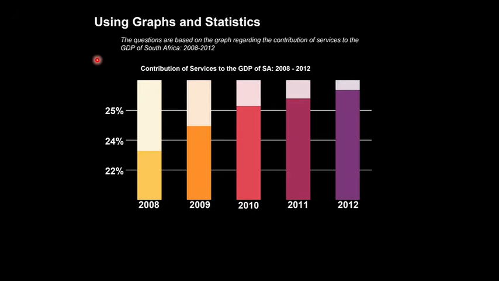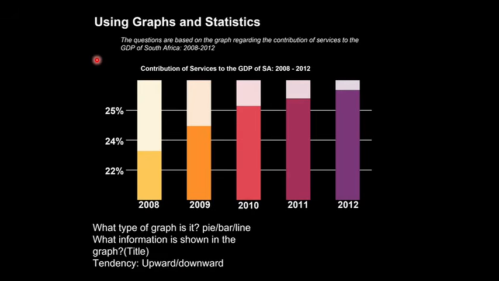See how different this is. When you have a look at this, the first question you ask yourself is, what type of graph is this? Is it a pie, a bar, a line? Obviously, this is not a line, it's not a pie. You can obviously see that this will be your bar graph, right? The second thing that you must ask yourself is, what information is shown in the graph?